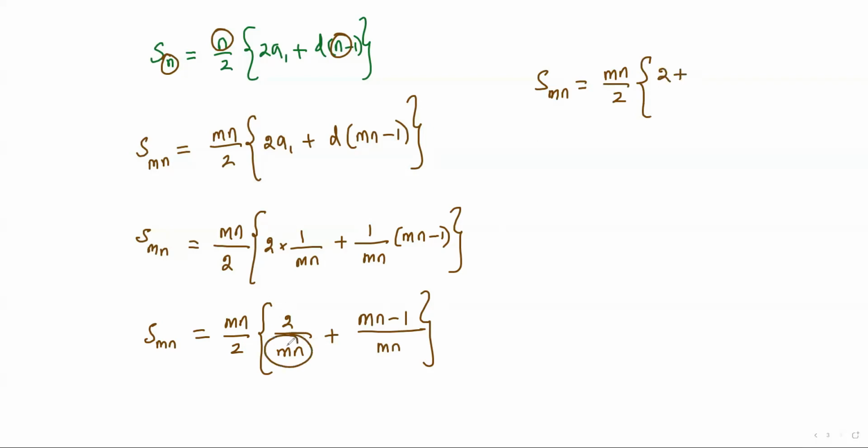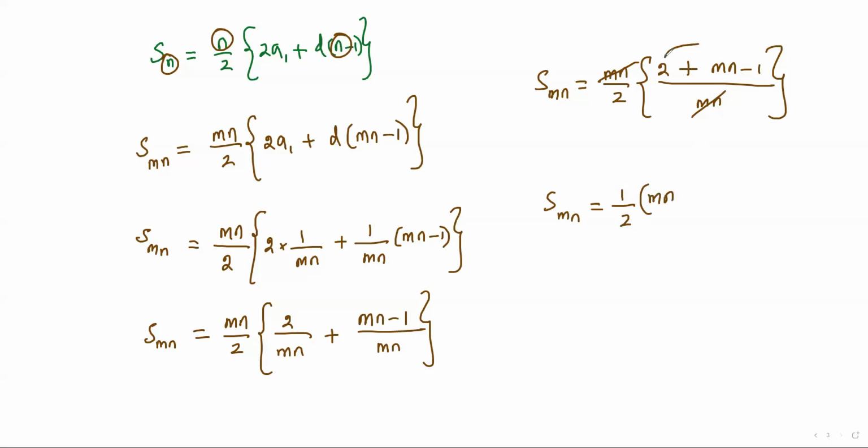We have the same denominator for both the fractions, so we can take the common denominator mn. And we can simplify the numerators. That is, numerator of the first fraction is 2, and we have a positive sign, and mn minus 1. Okay, so here this mn and mn will cancel out. I get S_mn equals 1 over 2 times (mn, when I combine this 2 and minus 1, it will be just positive 1).